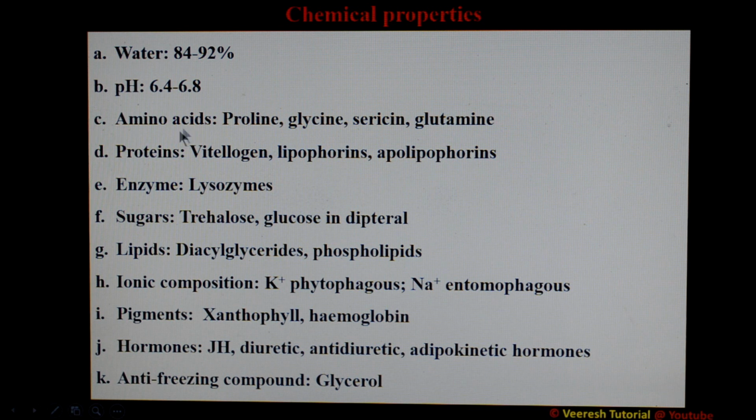There are different amino acids, proteins, enzymes, sugars, lipids, ionic composition, pigments, hormones and anti-freezing compounds present in the haemolymph.